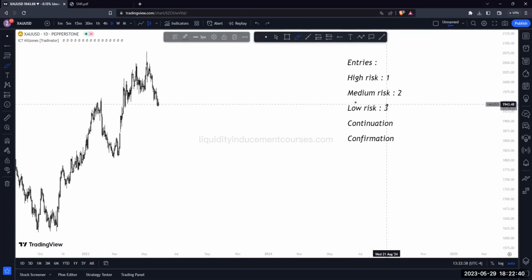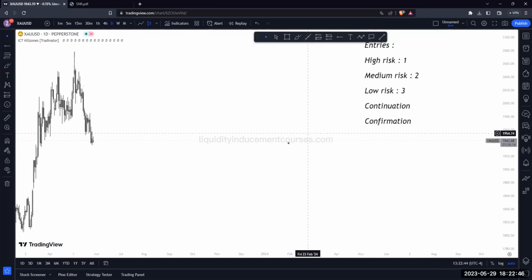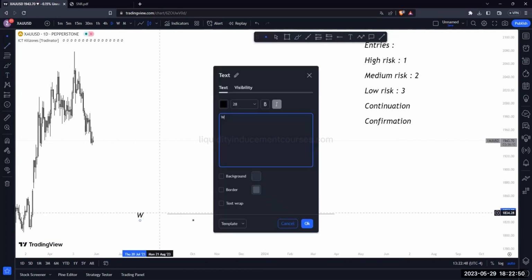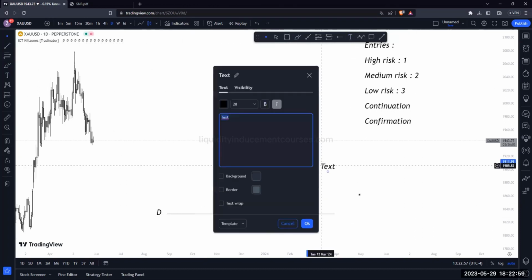Okay, so the next entry category is the low risk. Low risk is very, very simple. So you have daily or weekly? Pick one. For storyline, daily. You love the daily. What would you want to wait for after the storyline starts?